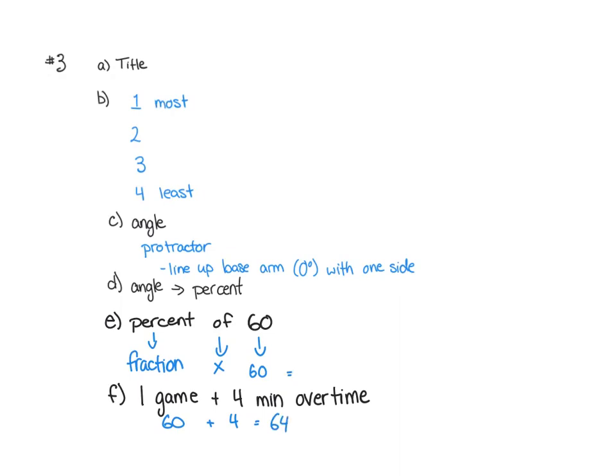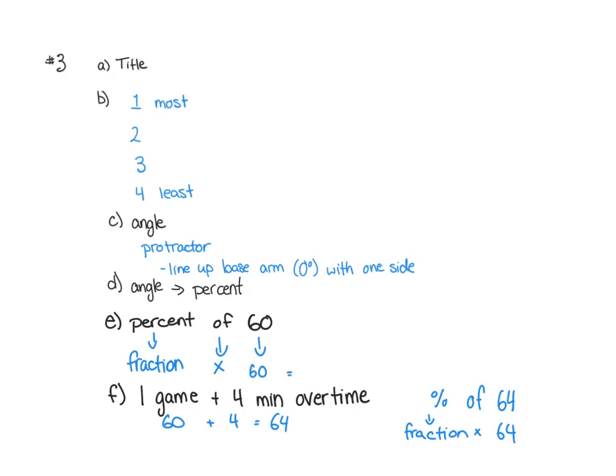So when you're calculating your percent for the third line, you're not figuring out your percent of 60, you're actually figuring out your percent of 64. So you would take your fraction and multiply it by 64. And remember, this is for the third line, and that'll tell you how many minutes he would have played for.